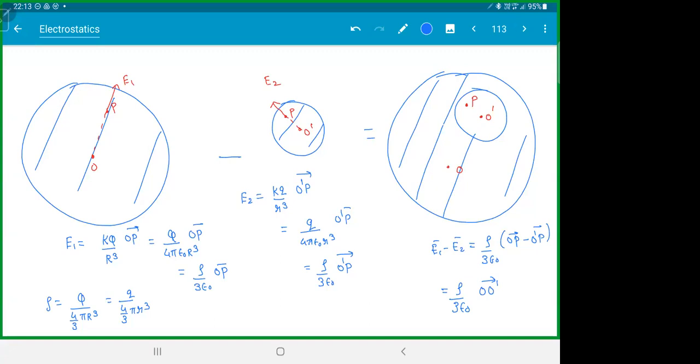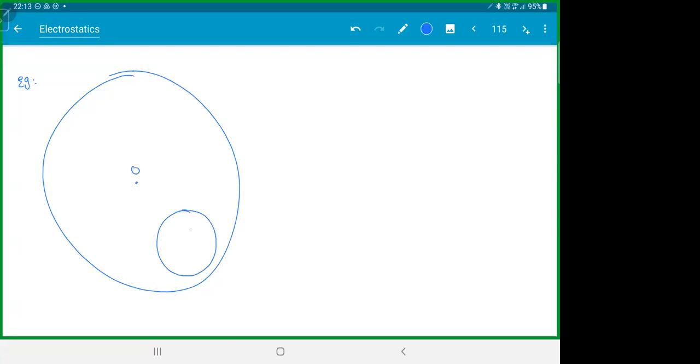I'll give an example. Let's say someone gives you a sphere like this. This is O, this is O dash. And let's say the length OO dash is R by 2. Then inside, the field will be like this.